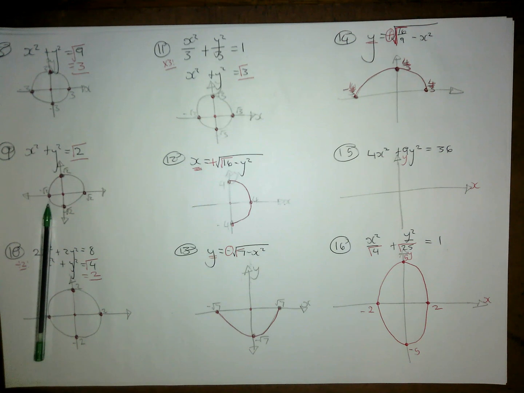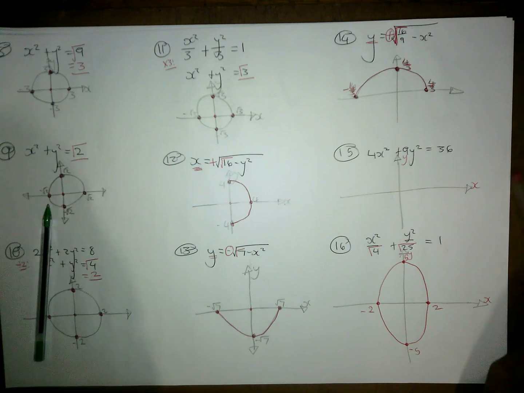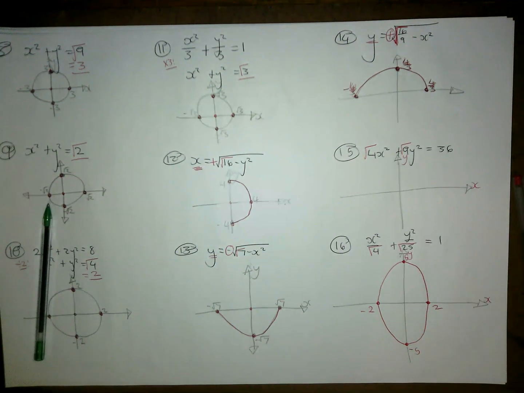I don't know how I forgot this now, because my book is telling me one thing. You can't see this thing with the pencil. But what it is saying is, we start by square rooting the 4, and we square root the 9. The 36, we don't do anything with.